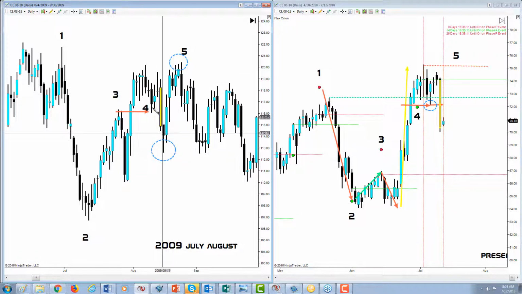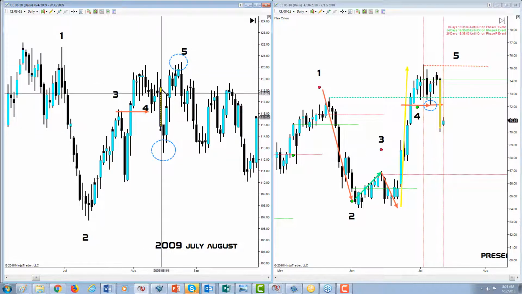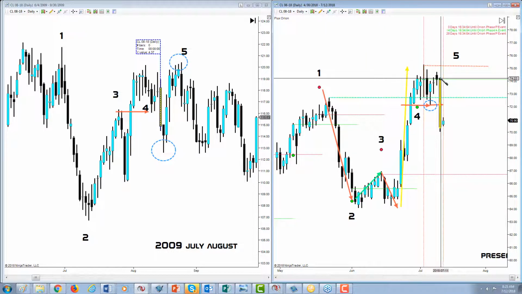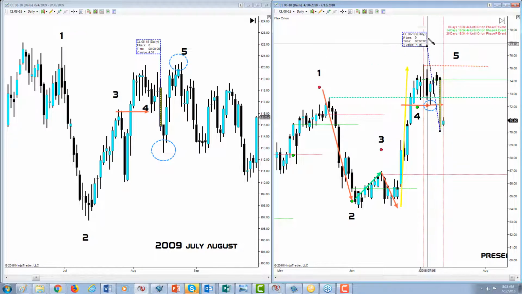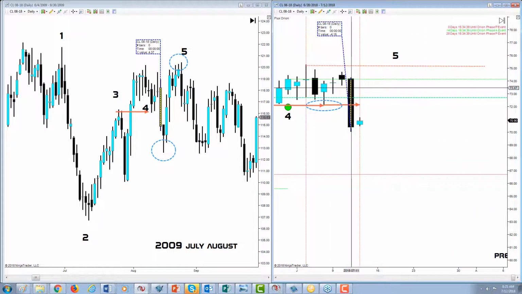One of the first things we can do is measure some things. So for example, the height of this bar in 2009 was $4.37. The height of yesterday's bar, get it as close as I can, $4 and looks like about 20 cents.